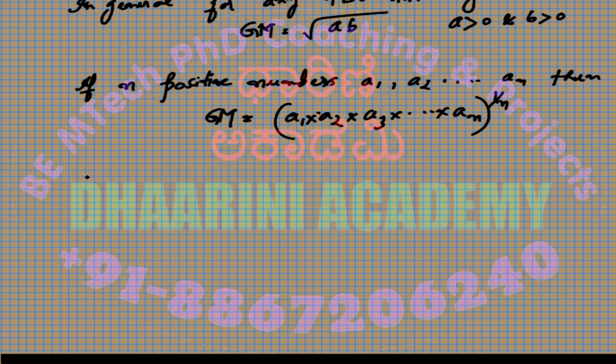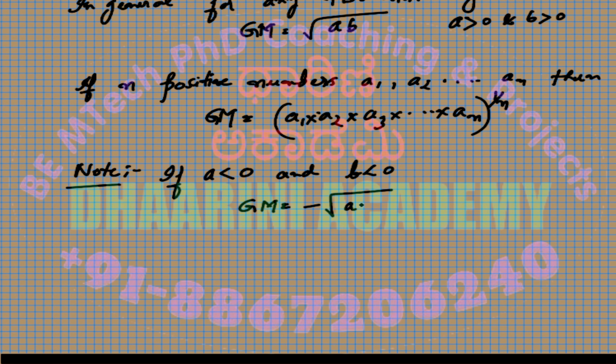Okay, and let's go to the note now. So if both a less than 0 and b is also less than 0, then their geometric mean is equal to minus root of ab. Okay, this is first point.